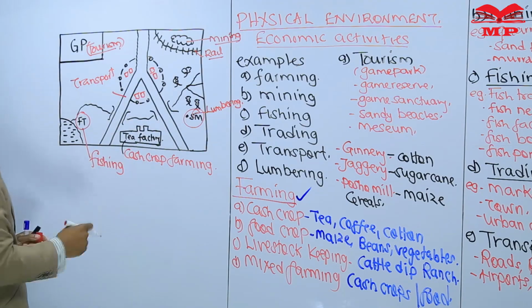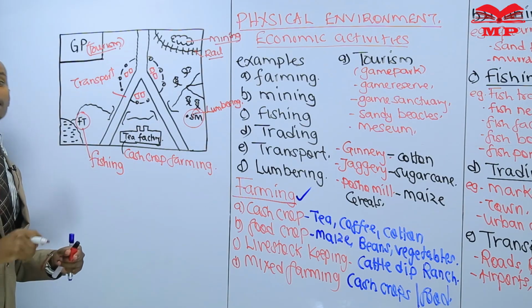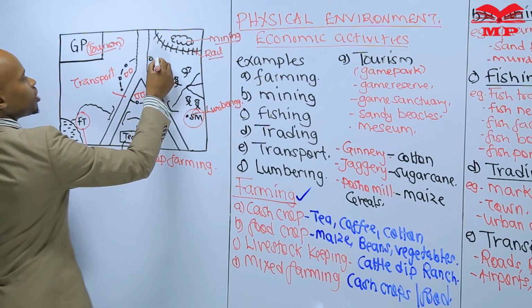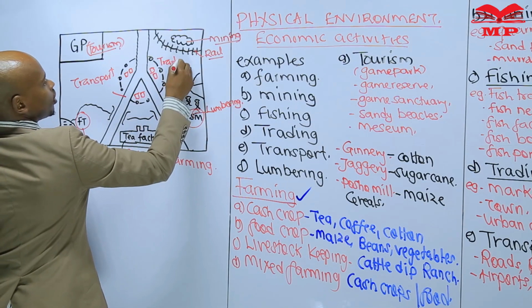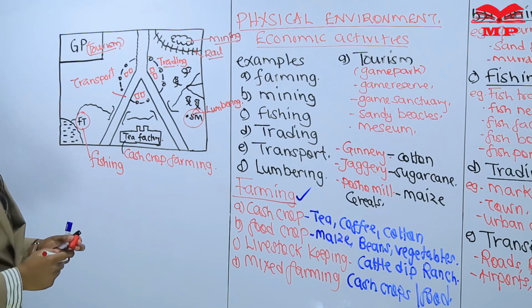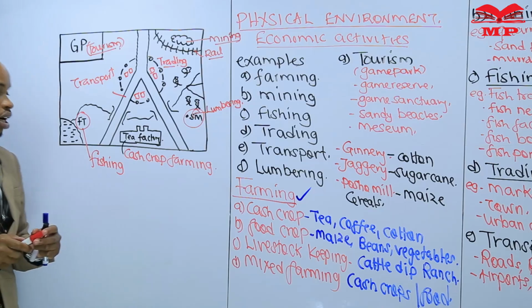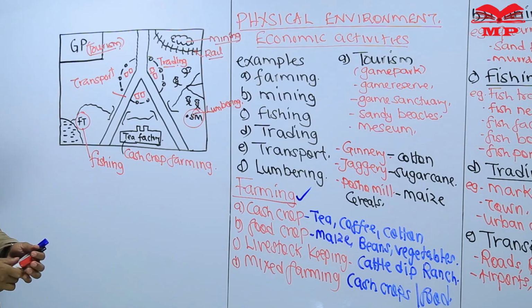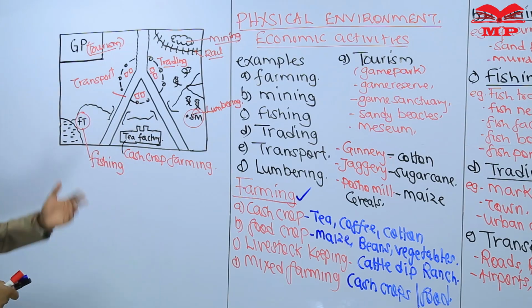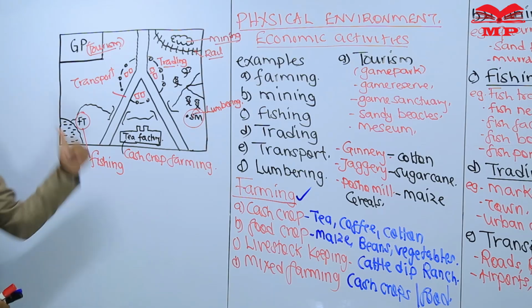And if there is one thing that is never absent in a town, it is trading. There is no single town or urban area that does not have trading. It does not exist. So these are some of the economic activities very well illustrated in a map.